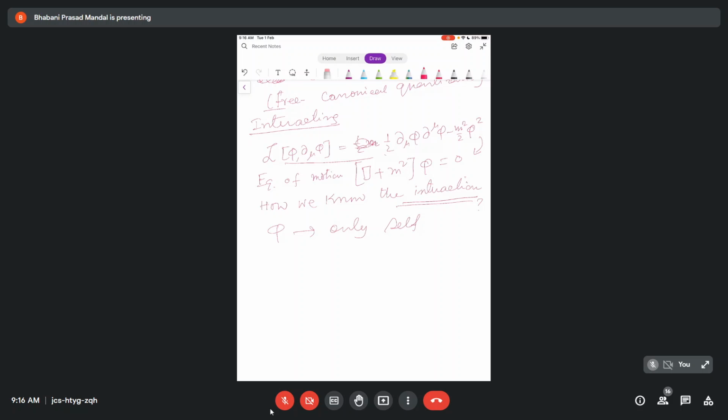But nobody else is there, so only self interaction is possible. Not only that, whatever interaction you have, that interaction term will obey the symmetries of the theory. This is the important thing, symmetry of the theory.